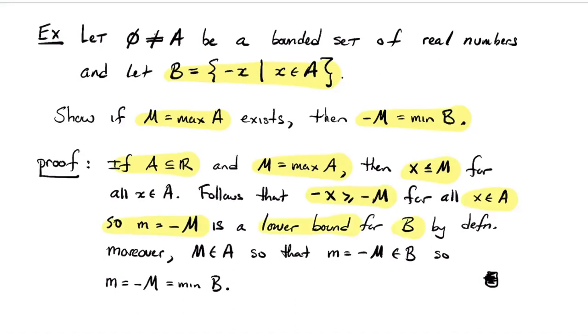It's less than or equal to all elements of B. An arbitrary element of B looks like negative x, where x is an element of A. And then moreover, M belongs to A, so by definition, negative m belongs to B. So I've got a lower bound for B that belongs to B, so that's its minimum by definition, two-element checklist. Okay, so I'm going to end the lecture there, and thanks for your attention.